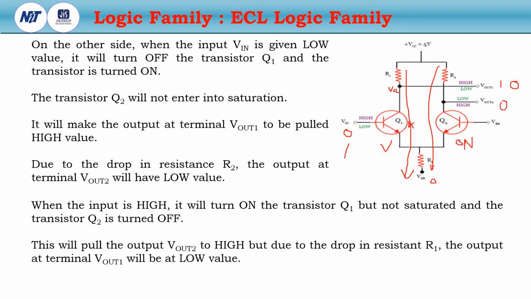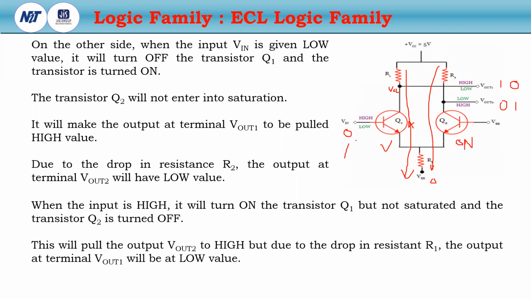This other transistor will be in cutoff, so this will be logic 1. So when Vout1 is 0, then Vout2 will be 1, non-inverting.